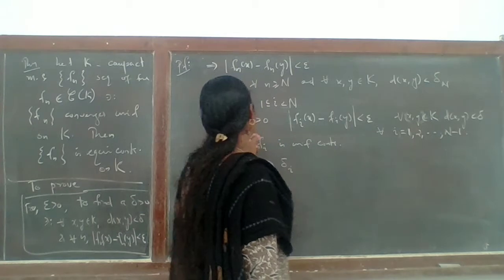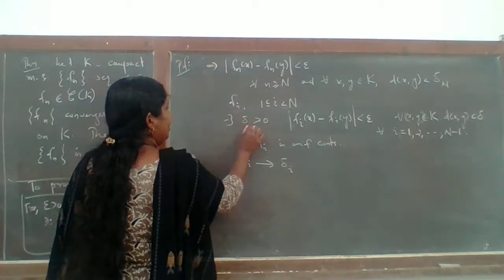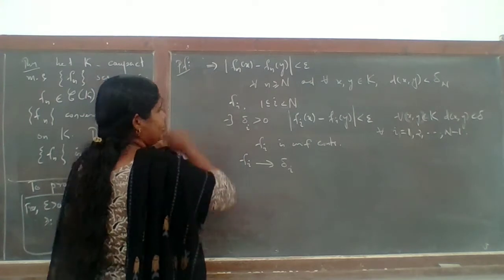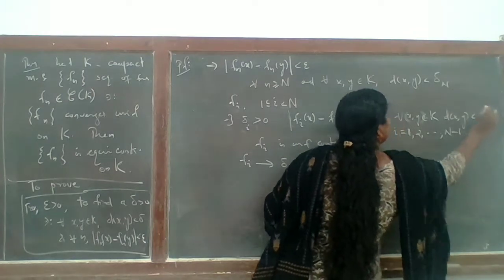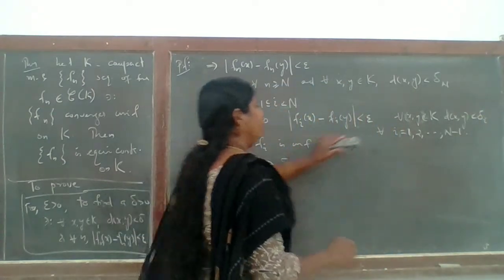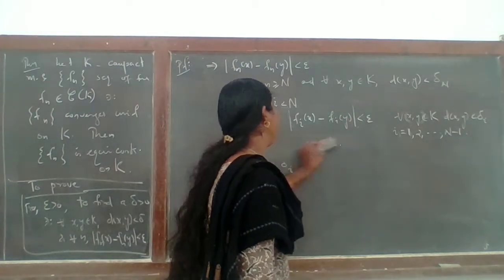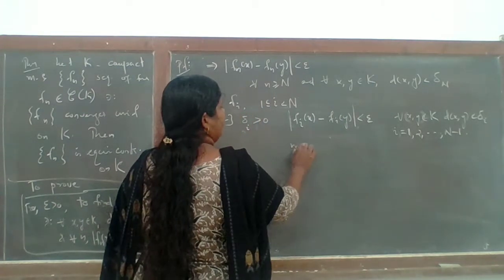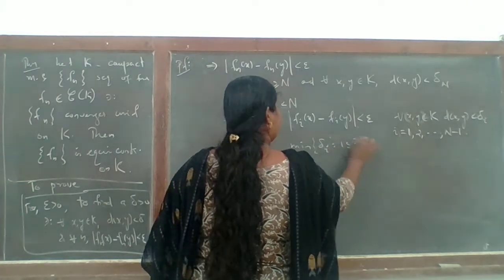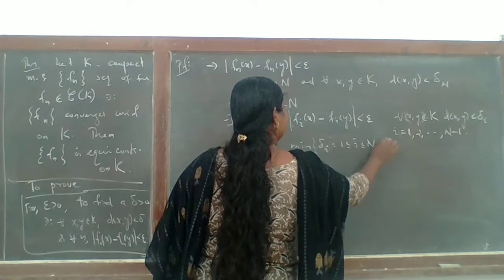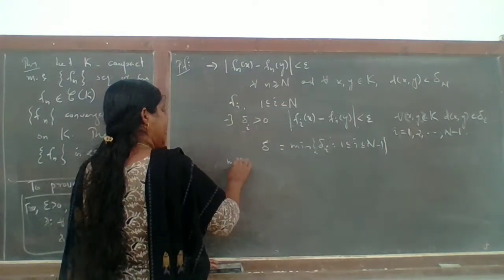So for the chosen epsilon positive, we find delta_i such that this is true whenever d(x,y) is less than delta_i, and for each i we can find a delta_i. Then take the minimum of delta_i, 1 less than or equal to i less than N. This is taken as delta.